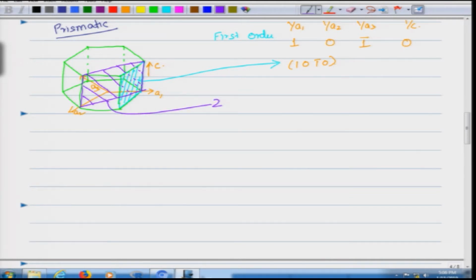This is called the second order prismatic plane. And now, when we are talking about intersection, it is intersecting at 1 on A1, 1 on A2. So, the reciprocal of both of these is 1 and 1, and therefore, the A3, which should be the negative of the sum of these two, becomes like this, and this is parallel to C. So, this remains like this, which means this is 1 1 bar 2 0.